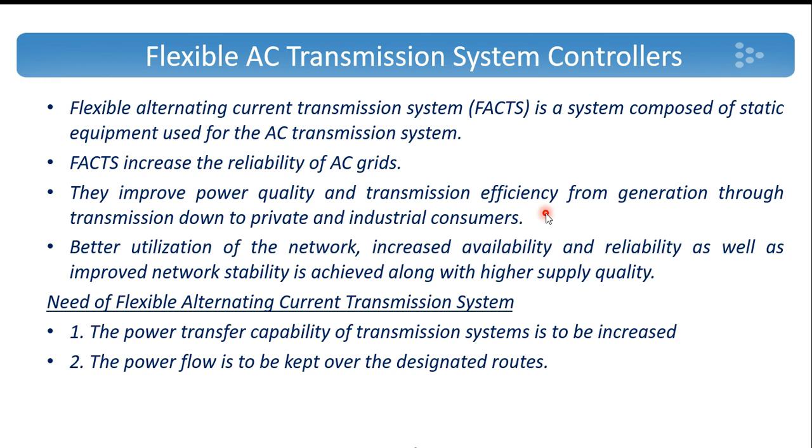The voltage and current should be sinusoidal with 50 hertz frequency. There may be chance of harmonics or some other noises in the voltage and current waveforms that can also be avoided by using flexible AC transmission systems.